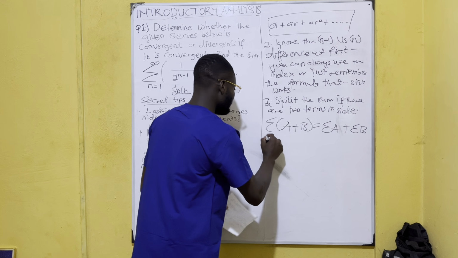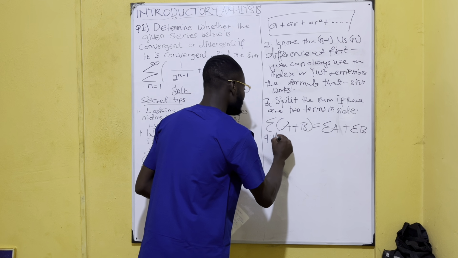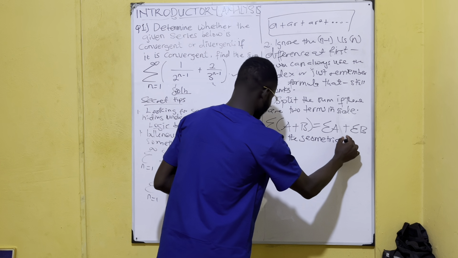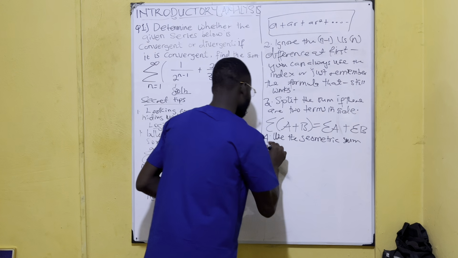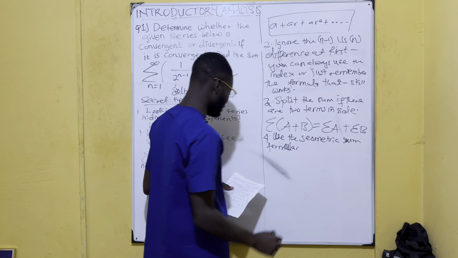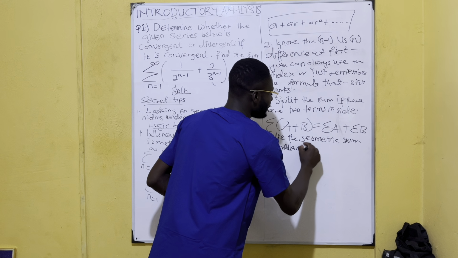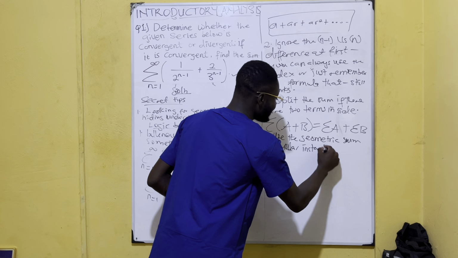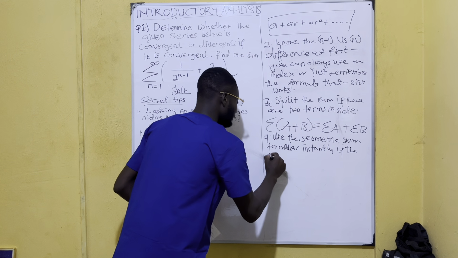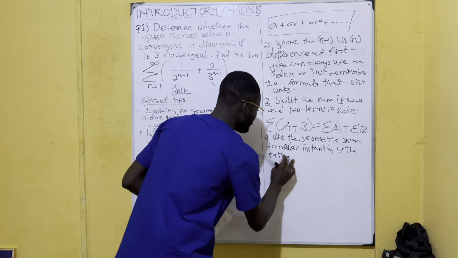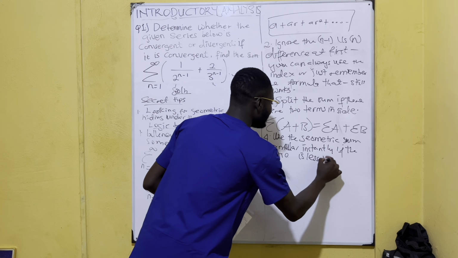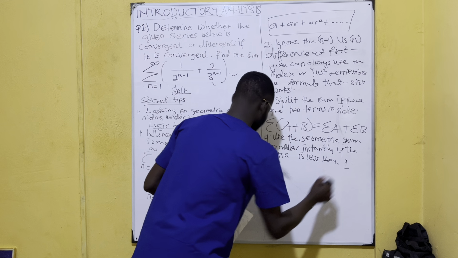Now, the fourth tip: use the geometric sum formula instantly if the ratio is less than 1.